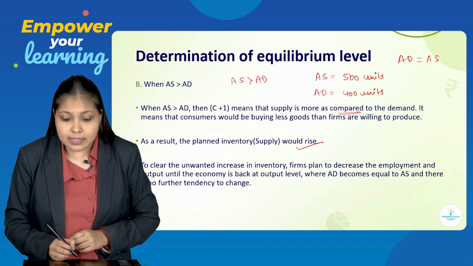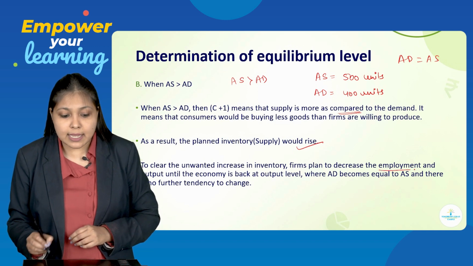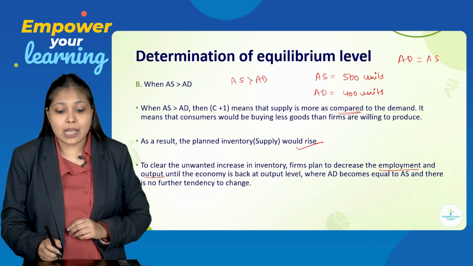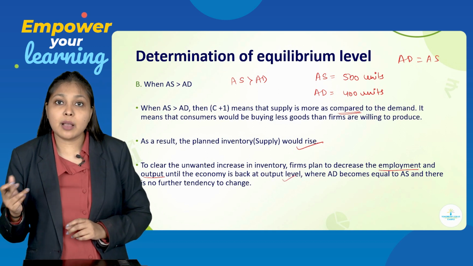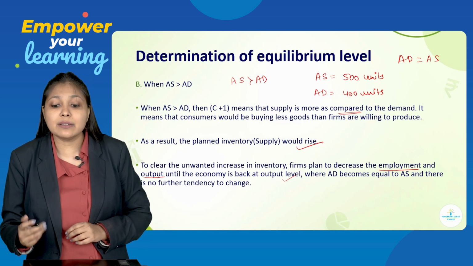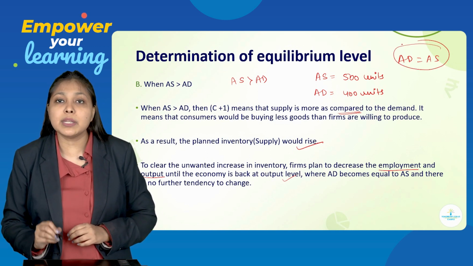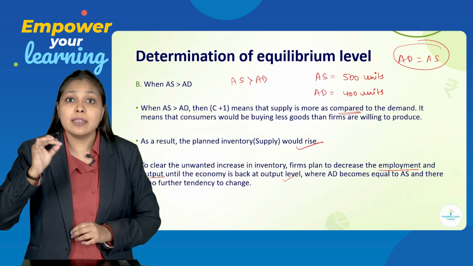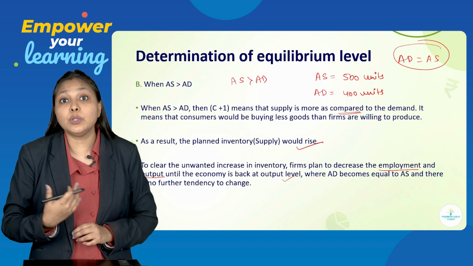For this, firms will plan to decrease the employment and output until the economy is back at the output level where AD becomes equal to AS. There is no further tendency to change. We know that when two variables are at equilibrium position, it means the point of rest, the state of rest. Thereafter, there is no tendency to change.